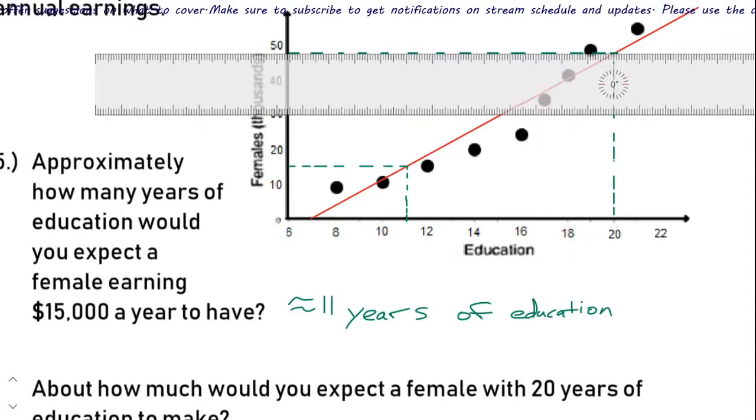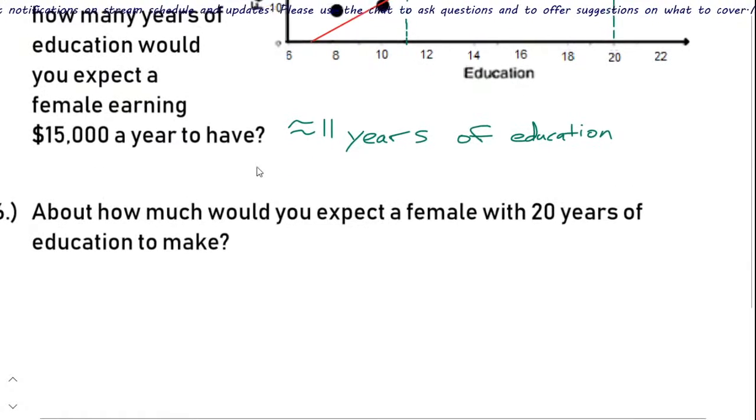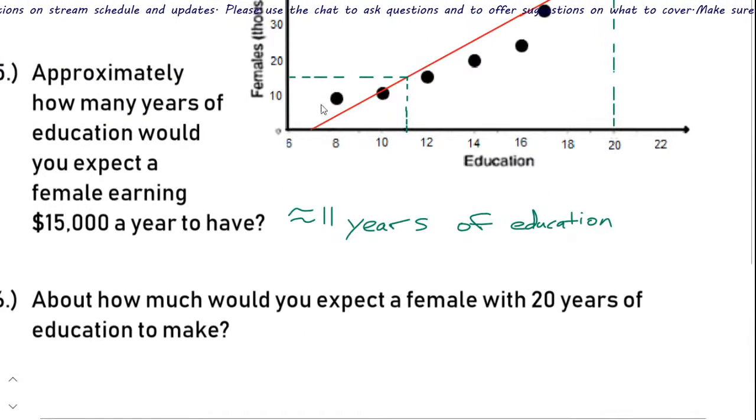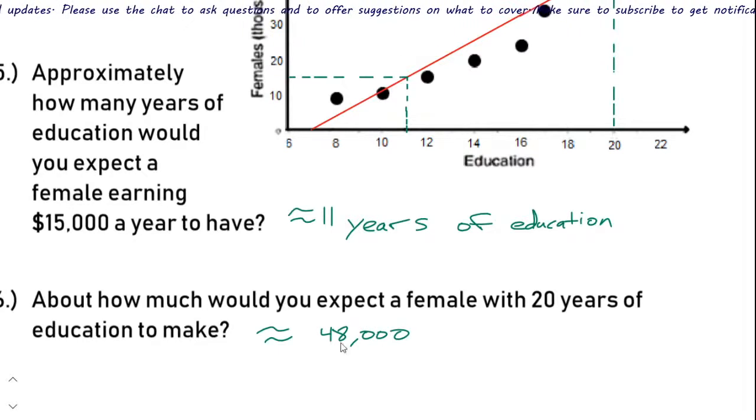Okay, so looking at the line, it's pretty close to 50,000, but not quite. It's above half of between 40 and 50, so we know it's over 45,000. So I would say between 47 and 48, so I would just round up and say about $48,000 based off the information they're giving us here, and that is a very poor dollar sign.